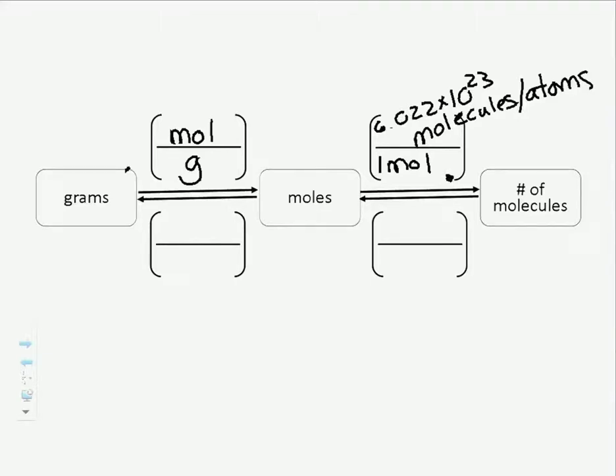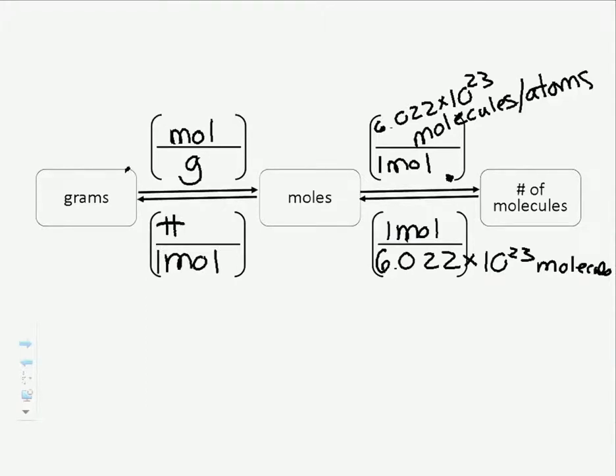Then you go back the other direction. So now you're starting with molecules. How do you get to moles? Well, if molecules is on top, it needs to be on bottom to go the opposite direction, and 1 mole on top. Then to go the other direction from moles to grams, moles will be on bottom to make it cancel, and the number of grams will be on top.